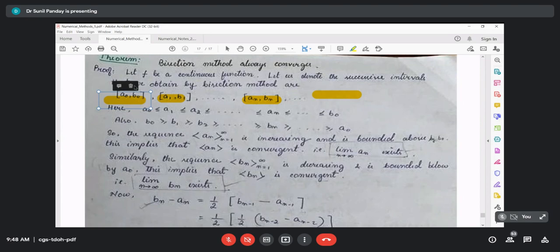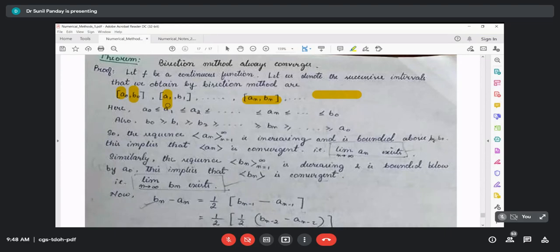So when we started our bisection method, we know that our root is lying between a naught and b naught. For the next point a1, either a1 is equal to a naught, or a1 is a naught plus b naught by 2.